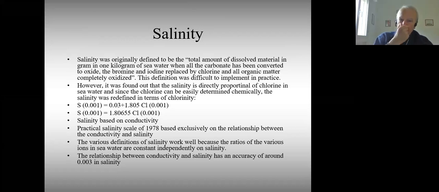So last time we were talking about the temperature as one of the parameters of the state of the ocean water. And now we will be talking about the salinity.